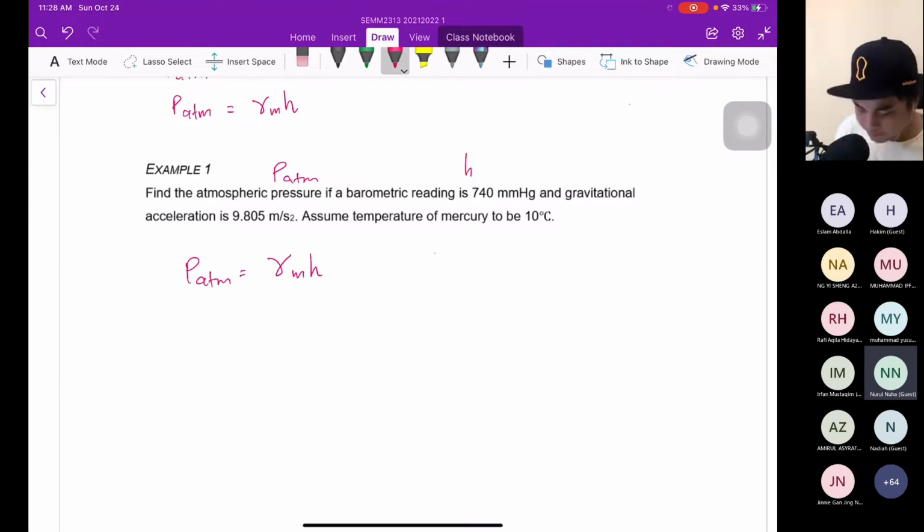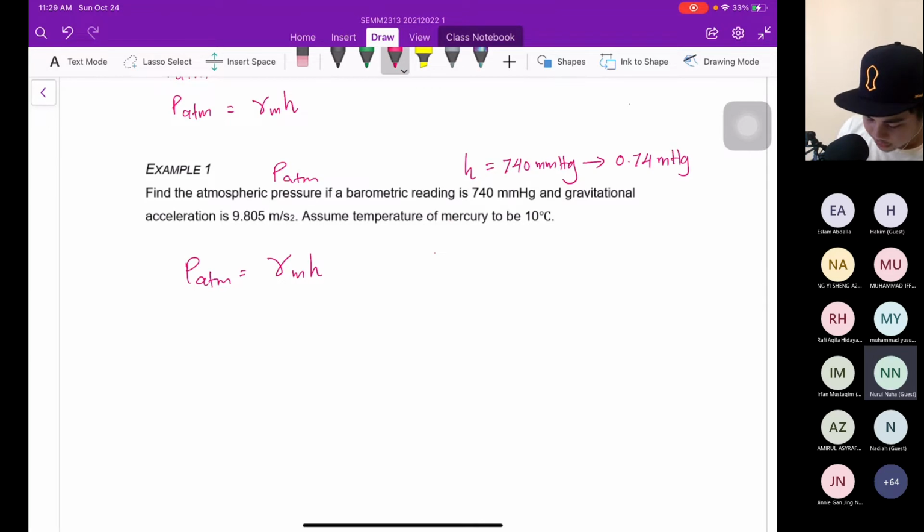The height is given here: 740 millimeter mercury. Is this the SI unit? No, it is not the SI unit. The SI unit is meter. So 0.74 meter mercury, because we need to convert millimeter to meter.